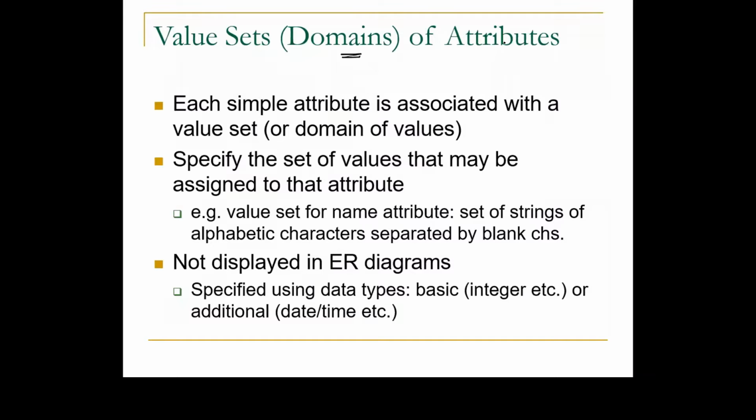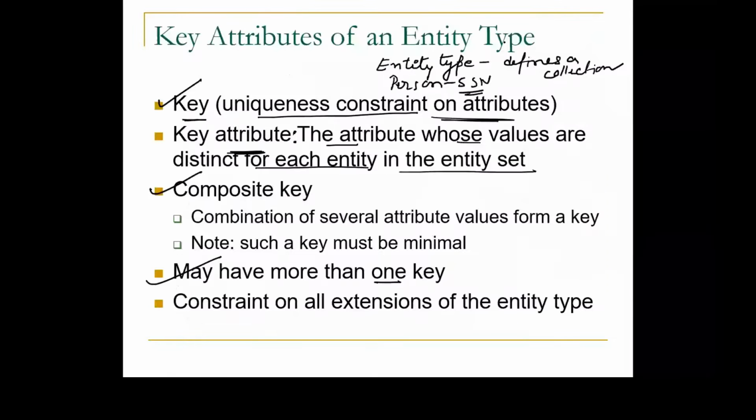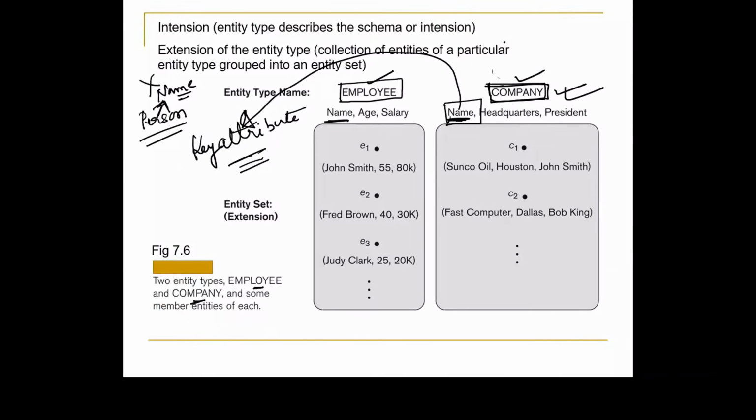So in case of figure 7.6, if the range of ages allowed for employee is between, let's say, 16 to 70, we can specify the value set of the age attribute of employee to be the set of integer numbers between 16 and 70.